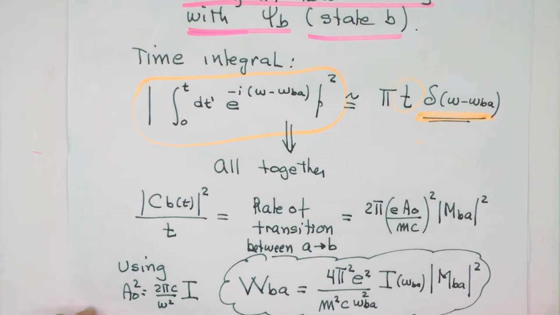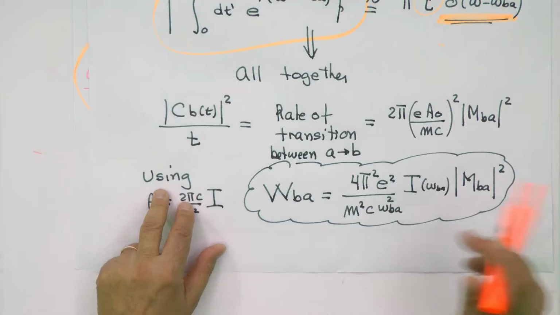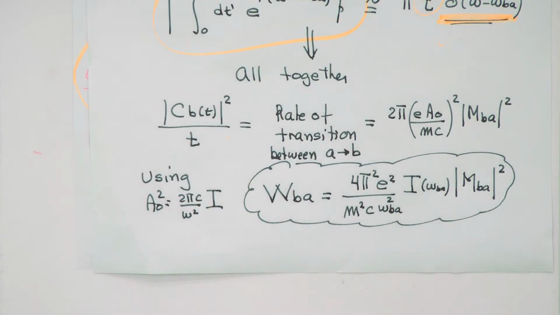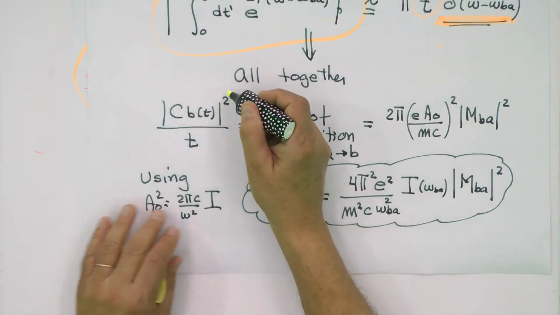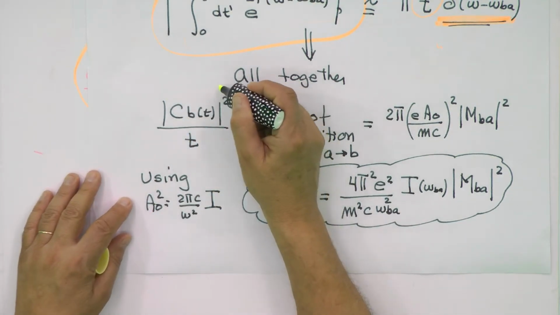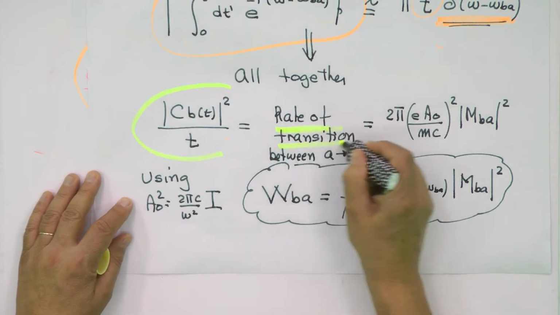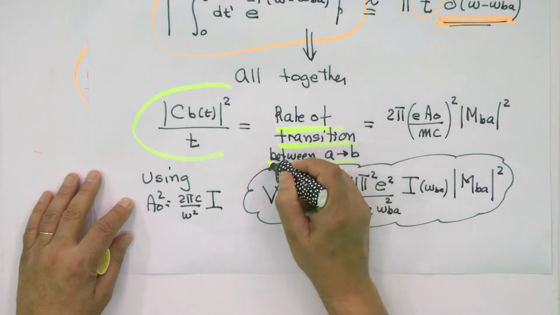And then I divide this probability by time, and when I divide the probability by time, what I'm actually doing is determining the rate of variation of the probability, like the speed of probability variation. We call this the rate of transition between state A and B.